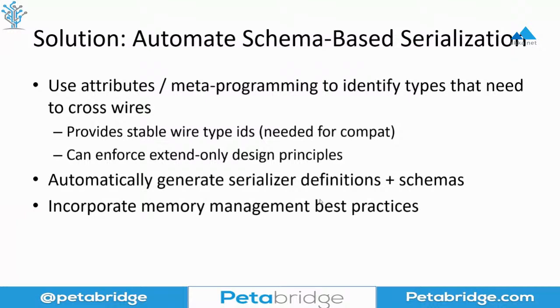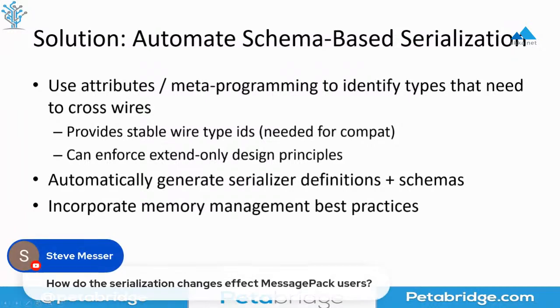Now, one thing I should assure users like Steve: how do these serialization changes affect MessagePack users? Ideally, they shouldn't. You are not going to be forced to use the system here. You basically have to decorate your types with explicit attributes in order to get the serializer generated for you. That's part of the idea.